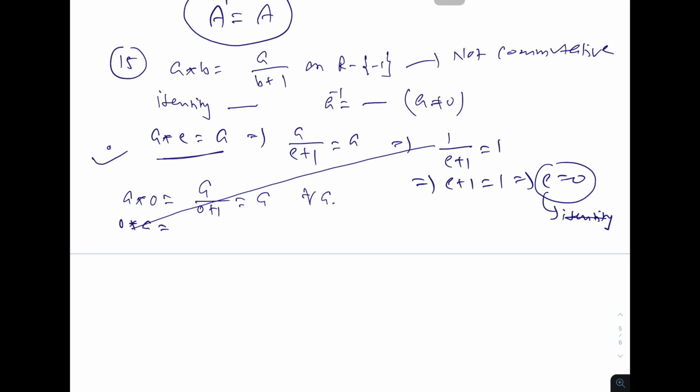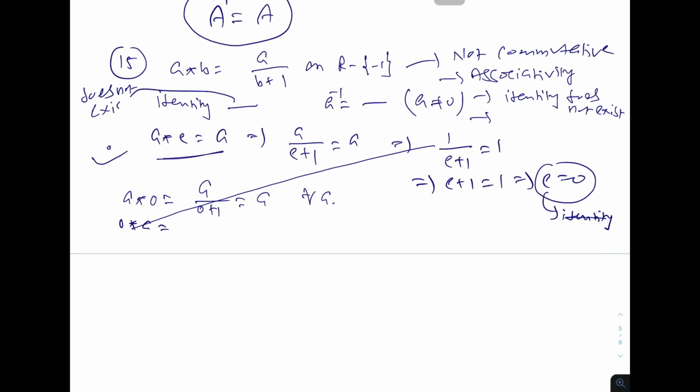Okay, and you will not get the associativity also. So there is no question of identity. Identity does not exist. And if identity is not there, there is no question of inverse. Okay, so we can't talk about inverse also. So for this example, identity does not exist.